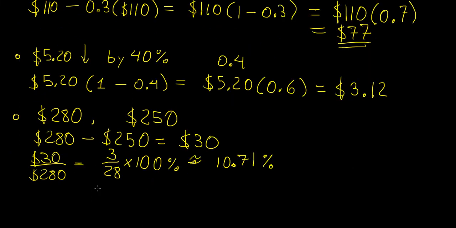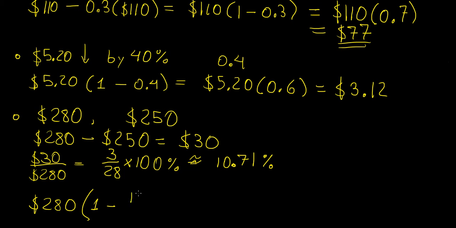We could actually check this is correct. Let's say we wanted to go back and see if we get this amount. So we're reducing 280. Let's say we grab $280, and then we're going to multiply this by 1 minus the percentage reduction. But in this case, we need to convert this back to a decimal.